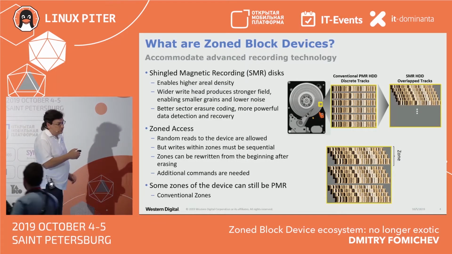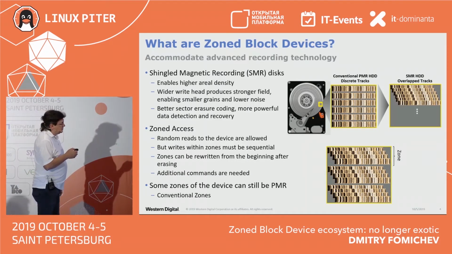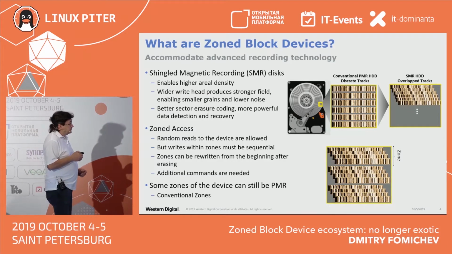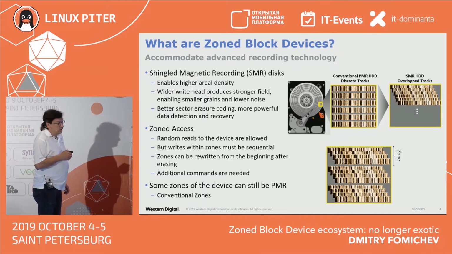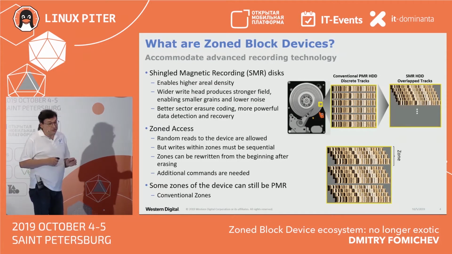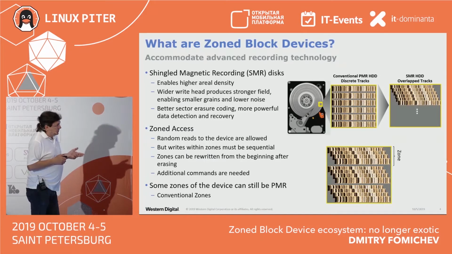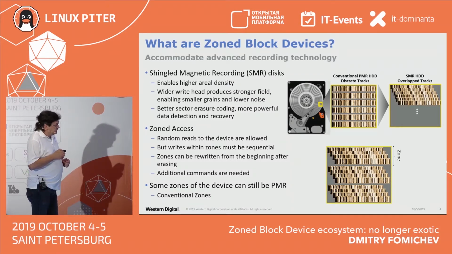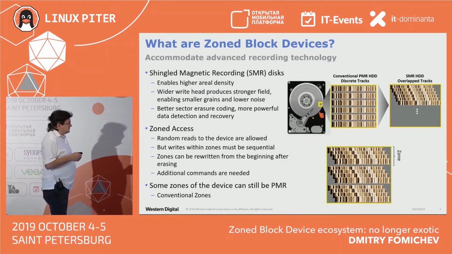That doesn't allow placing the tracks closer. But shingled magnetic recording tries to overcome this deficiency by widening the head and introducing additional error correction bits. So it's possible to place the tracks like that, but there is a catch.